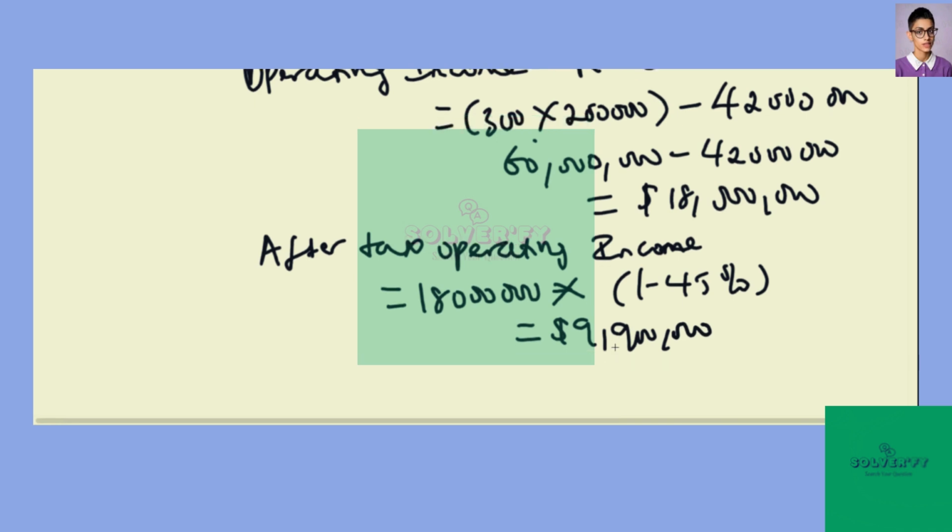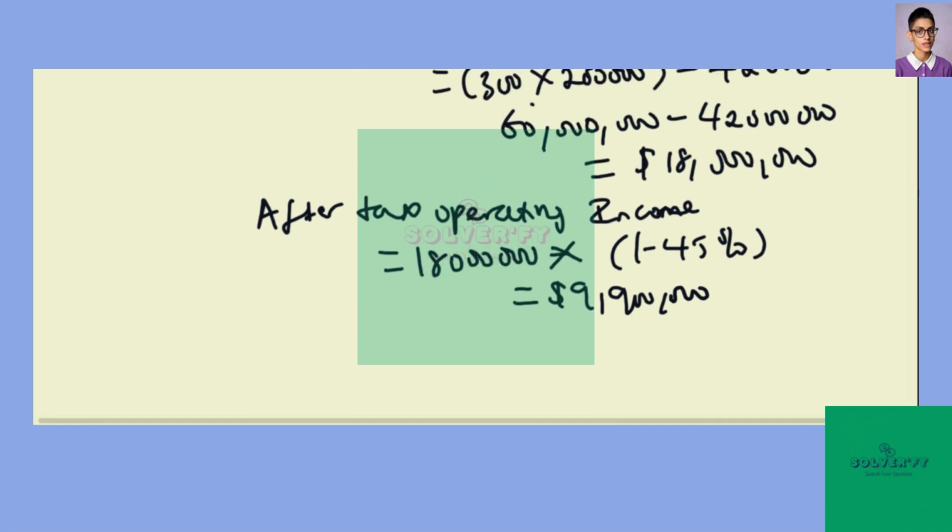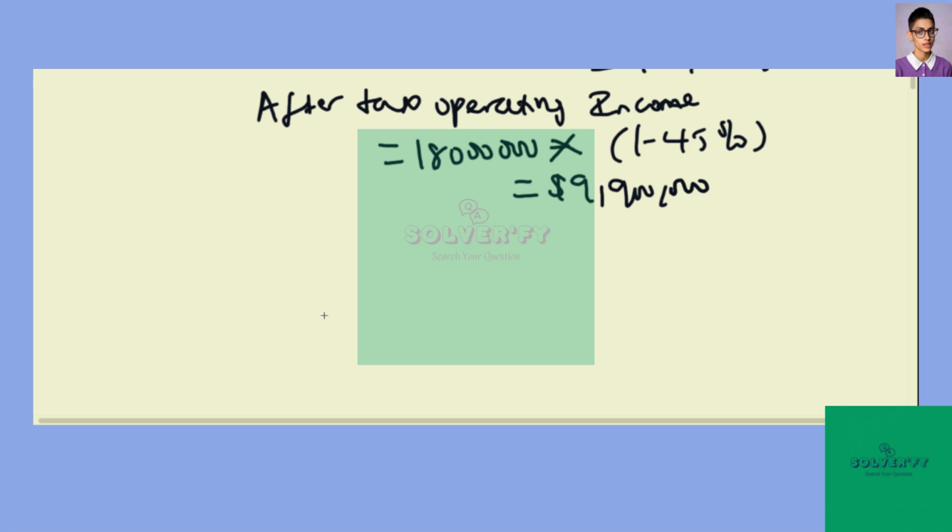So that's the after-tax operating income. We've shown this in working. So we have found the after-tax operating income of the first one, which is at full manufacturing cost per unit. The second one is at the market price of comparable imports.